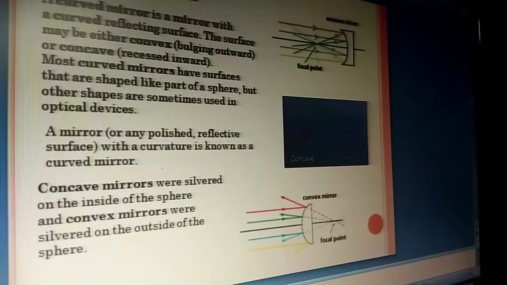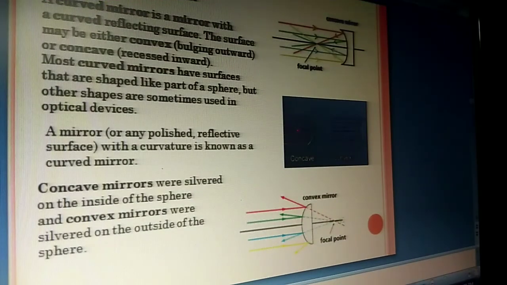A curved mirror is a mirror with a curved reflecting surface. The surface may be either convex, that is bulging outward, or concave, that is inward. Most curved mirrors have surfaces shaped like a part of a sphere, but other shapes are sometimes used in optical devices. A mirror or any polished reflective surface or reflector which has a curvature is known as a curved mirror.